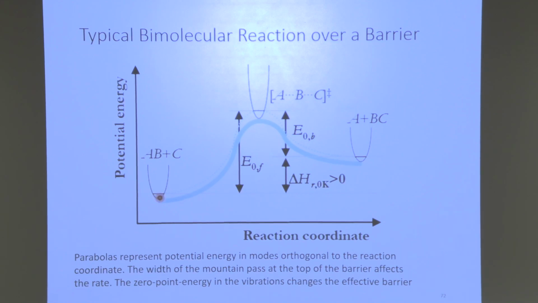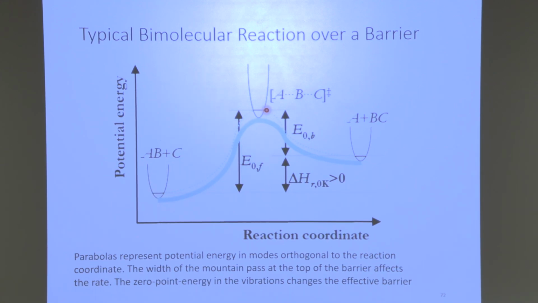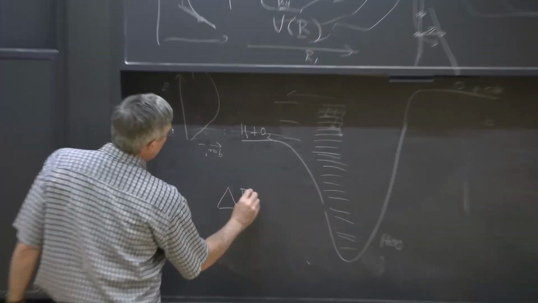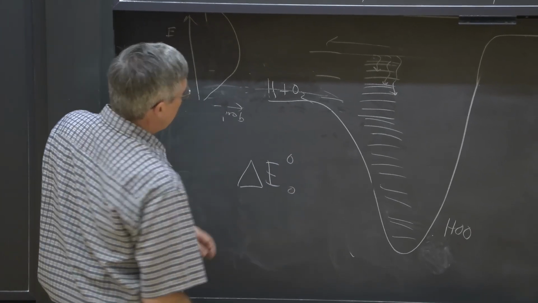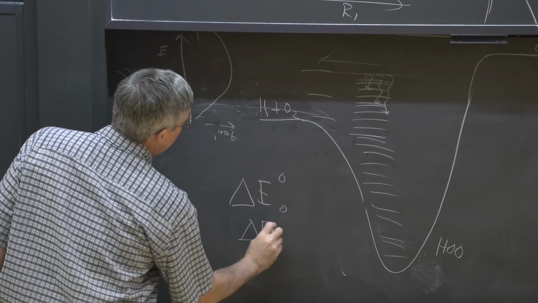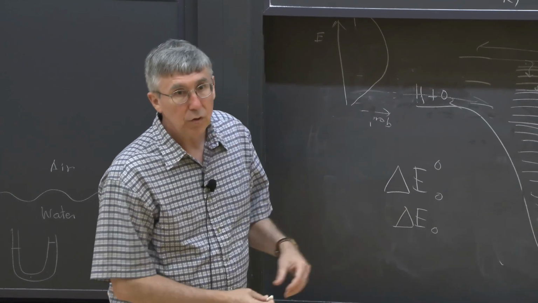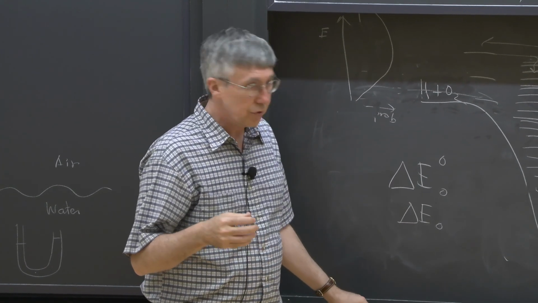If we're counting the 0 of energy from the lowest 0-point energy of the reactant, and we're going up to the 0-point energy of the transition state, this is often called delta E00, or sometimes just delta E0. These are the barrier height, but including the 0-point energy corrections.